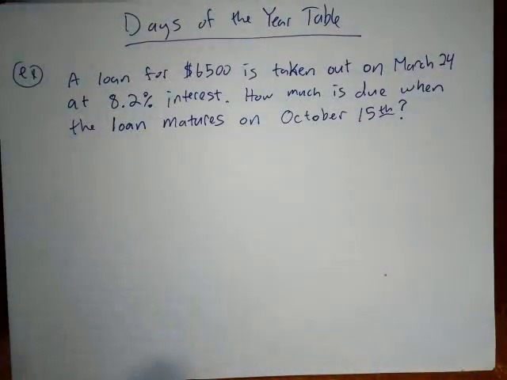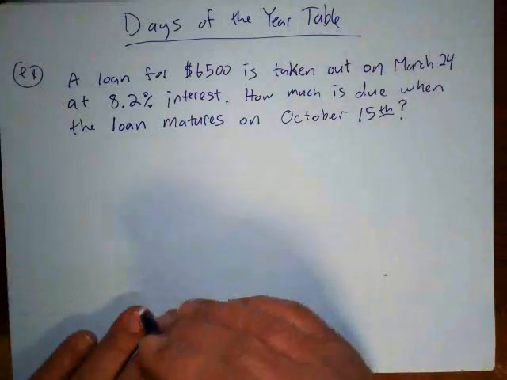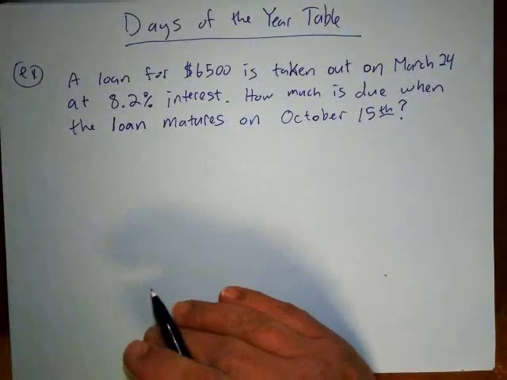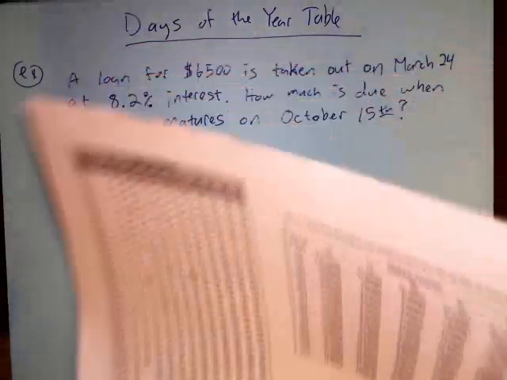So they're not giving me how long the loan is. They're not saying that it's 8 months or 250 days. They're not telling me that. They're giving me the date of the first day and the date of the second day. So in order to answer this, we're going to need that days of the year table. Okay.